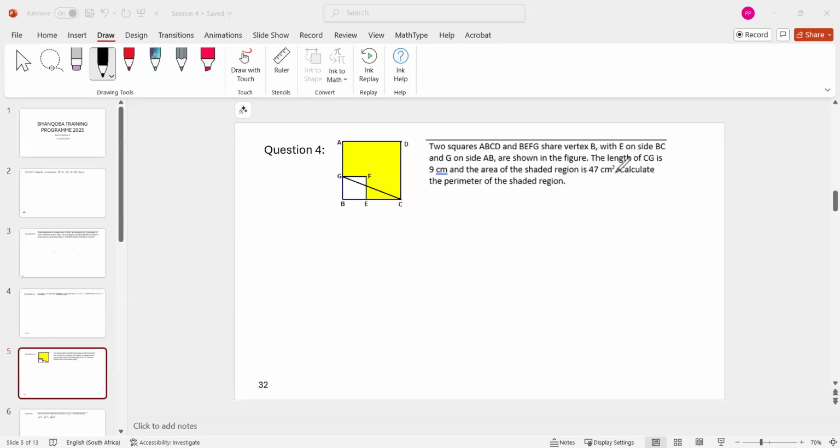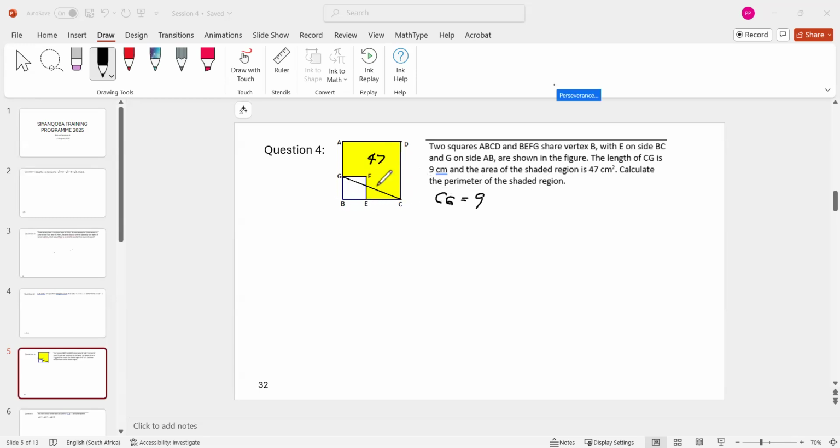They said the length of CG, so when you join this part here, that length CG is equal to 9. So let me just write that down. CG is equal to 9. And the area of the shaded region is 47. So we can put this 47 there in the shaded region. This represents the area.